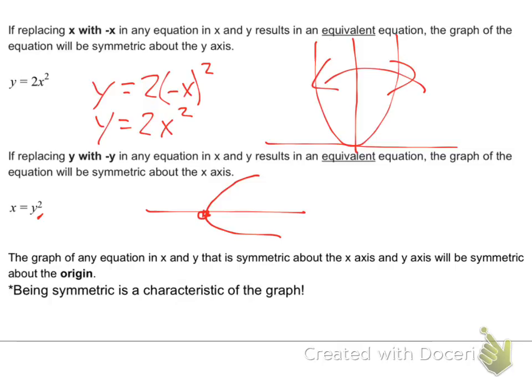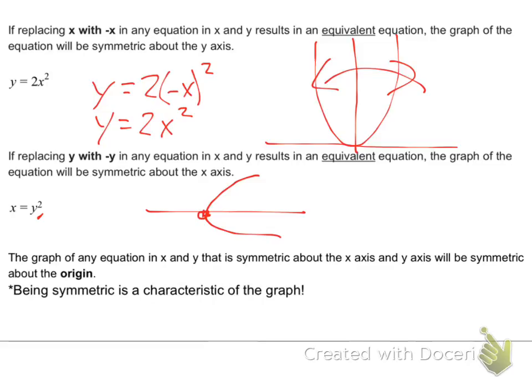And again, symmetry is a characteristic of a graph. You're not doing anything to a graph. You're not changing it. You're looking at it saying, does it have this property? Then therefore it is this.